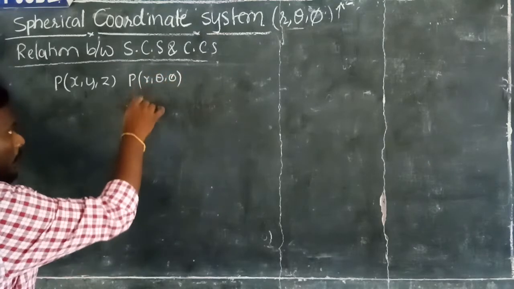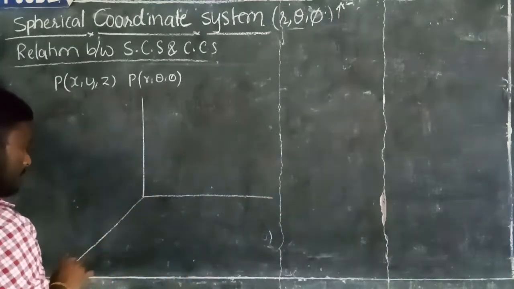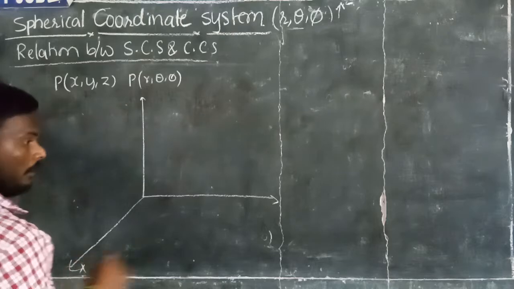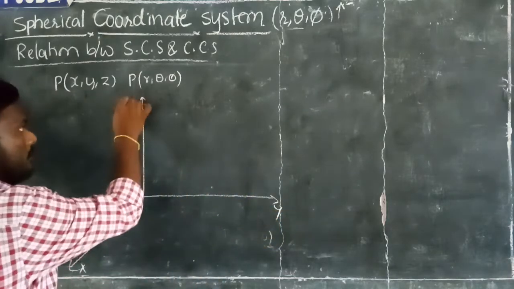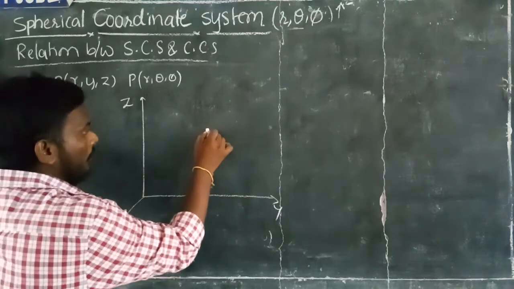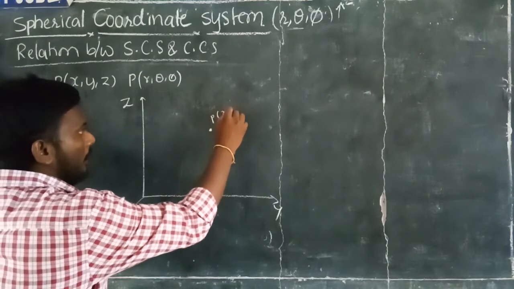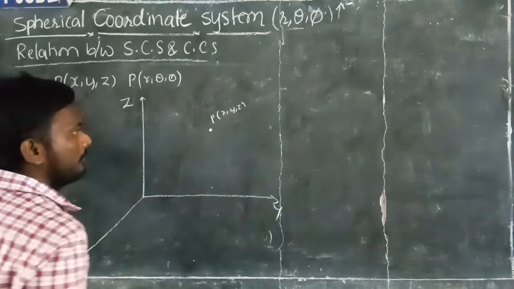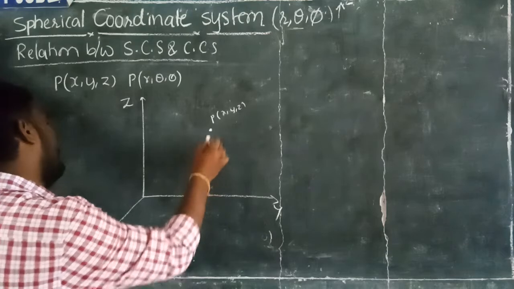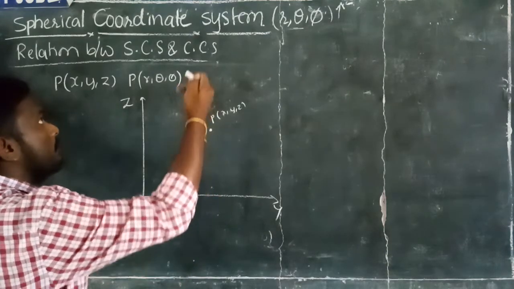Now we will try to mark a point on the x, y, and z axes. See, this is the x, y, z axes, and imagine that your point P, x comma y comma z, is here. Now, the same point should be at this location in the spherical coordinate system.